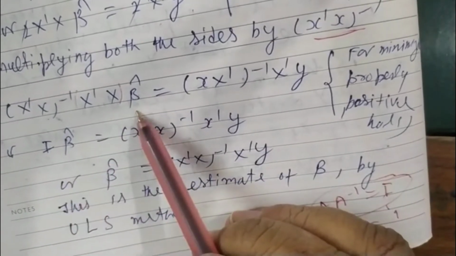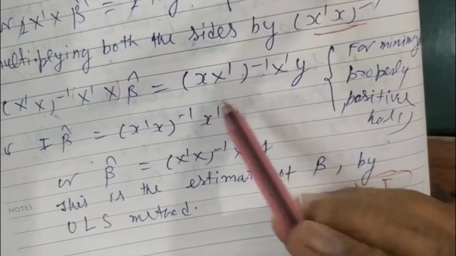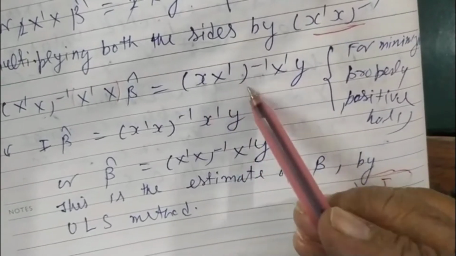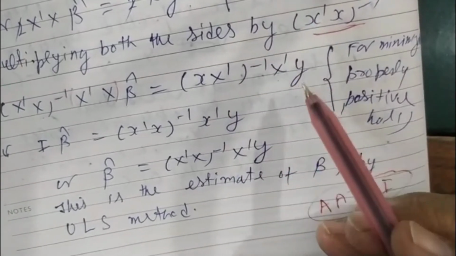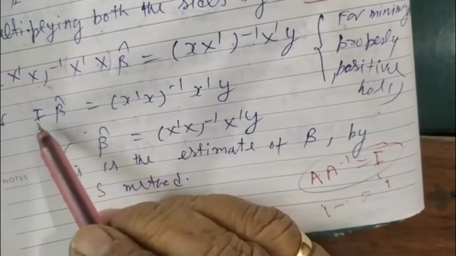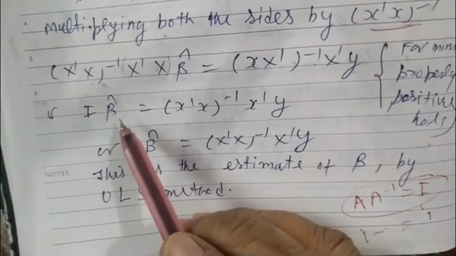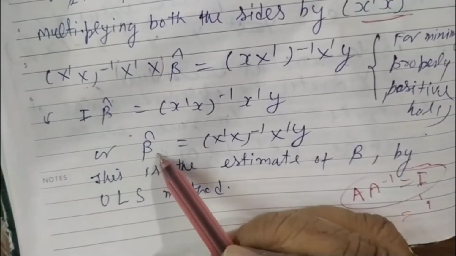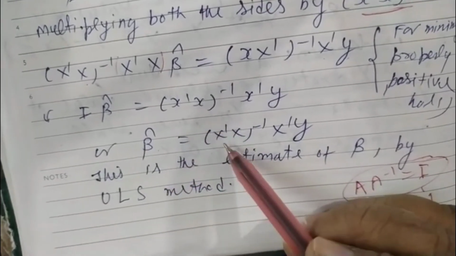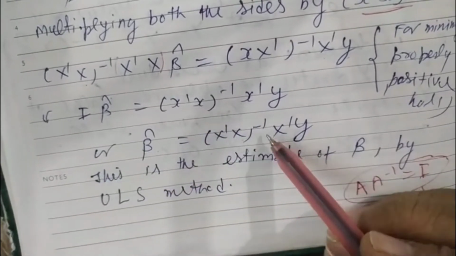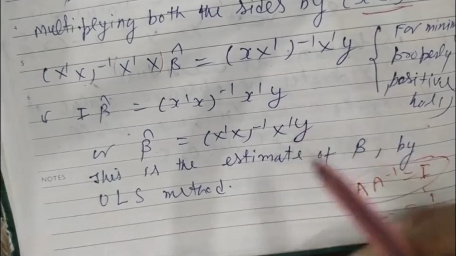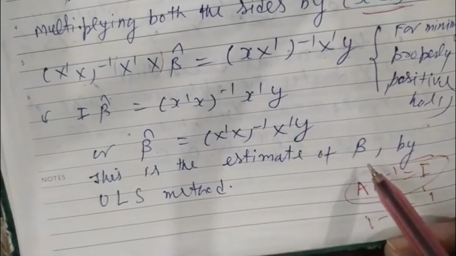Beta is also in matrix form: (X'X) inverse X'Y. Y is multiplying betas, and it will equal the estimated beta, (X'X) inverse X'Y. This is the estimated value of beta.